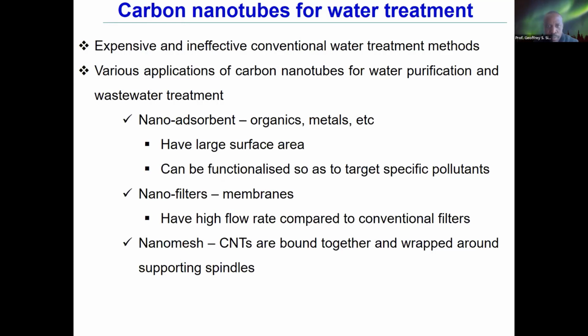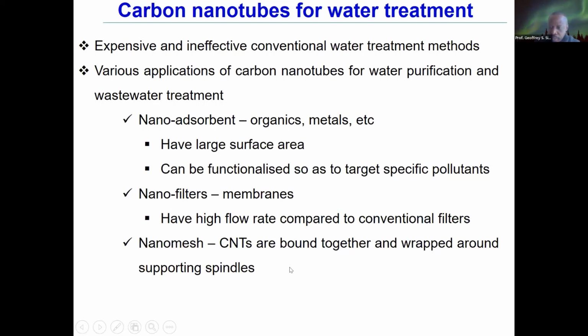But before we looked at that, we also observed that there are some studies that have been done where carbon nanomaterials have been used in water treatment, such as nanoadsorbents, nanofilters, and nanomeshes.